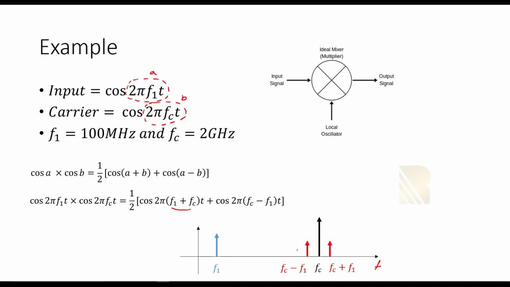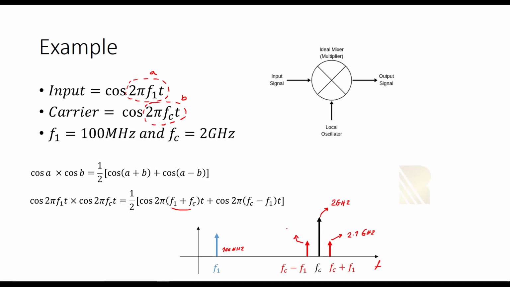Let's see what kind of frequencies we have. So here, this one is 100 megahertz. This one is 2 gigahertz. So this part is 2.1 gigahertz. And what about this one?